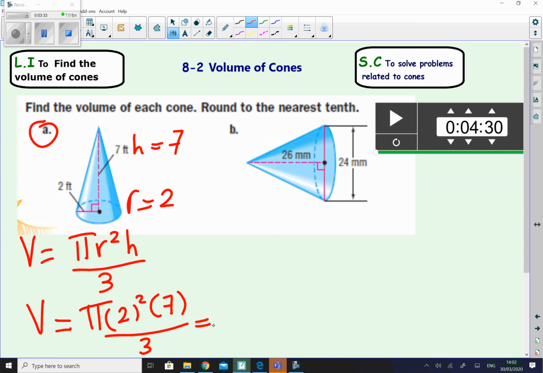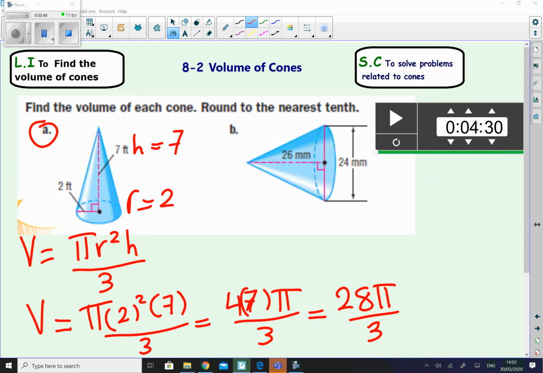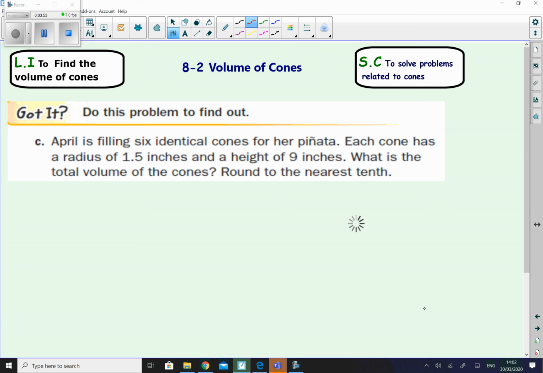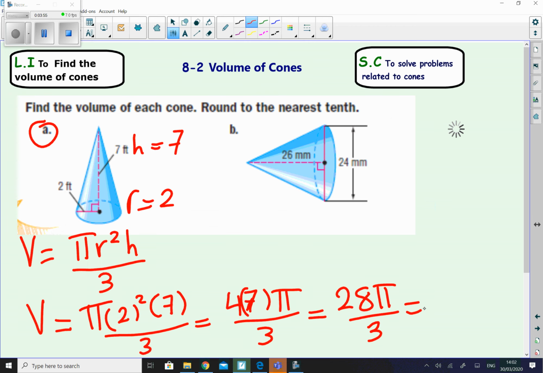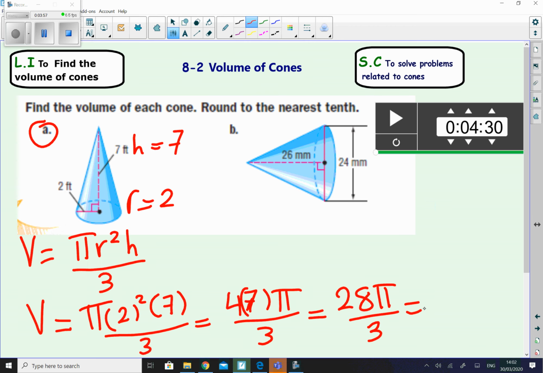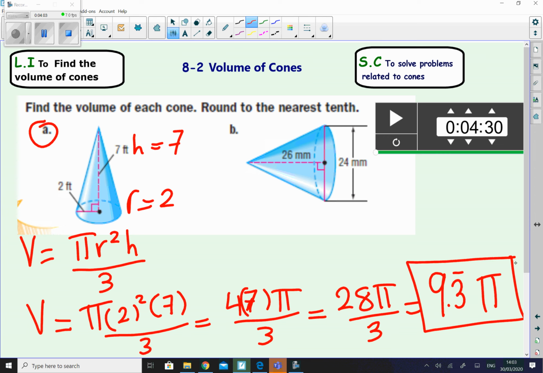So it's going to be 4 times 7 times pi divided by 3, which is equal to 28 pi divided by 3. If you divide 28 by 3, it will be 9.3 repeated pi. And that's the answer in terms of pi.